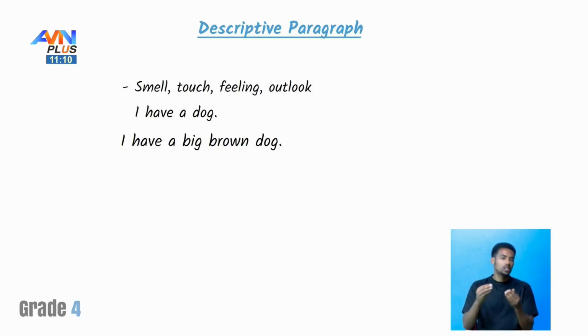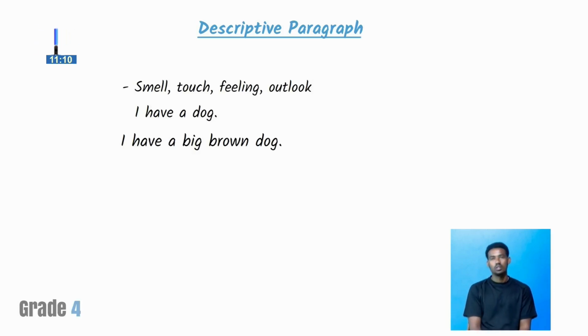Look, students, we are just using two adjectives here that describe the dog and tell you more about the dog. Here is a color adjective, brown, and big. I have a brown and big dog.